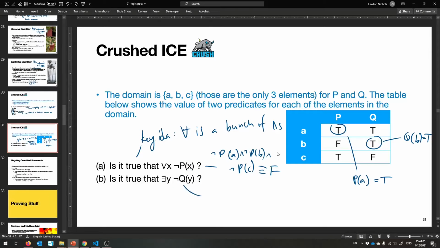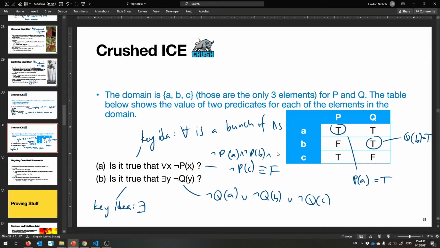Maybe not q of a is true. But for this to be true, at least one element of the domain must satisfy not q of y. So if it's not that one, it must be another one. Or not q of b. Or not q of c. Hopefully that's making sense.